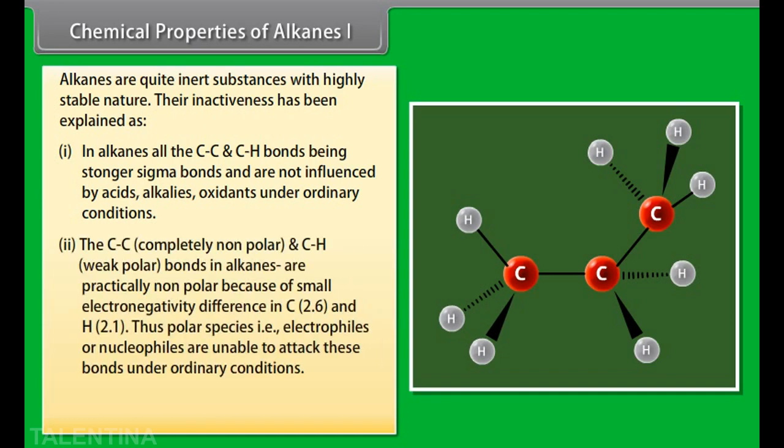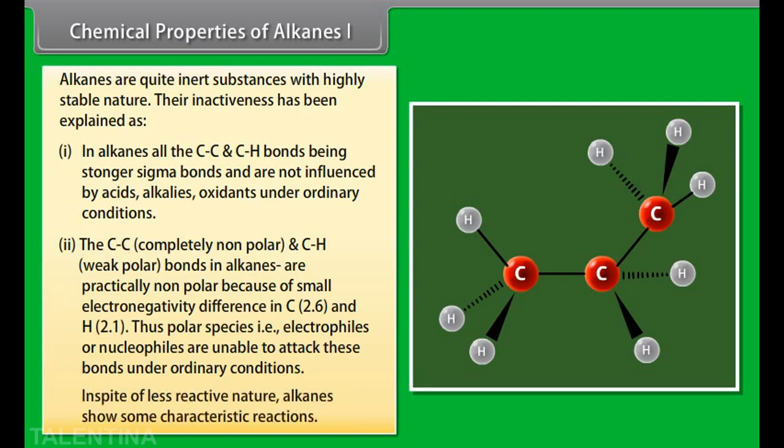Number 2. The carbon-carbon bond is completely non-polar and the carbon-hydrogen bond is weakly polar; it is particularly non-polar because of the small electronegativity difference in C 2.6 and H 2.1. Thus, polar species, that is, electrophiles or nucleophiles, are unable to attack these bonds under ordinary conditions.